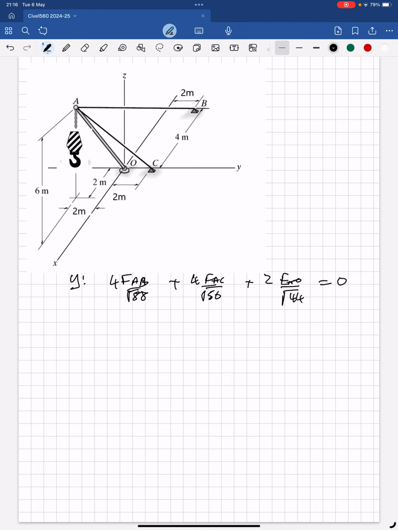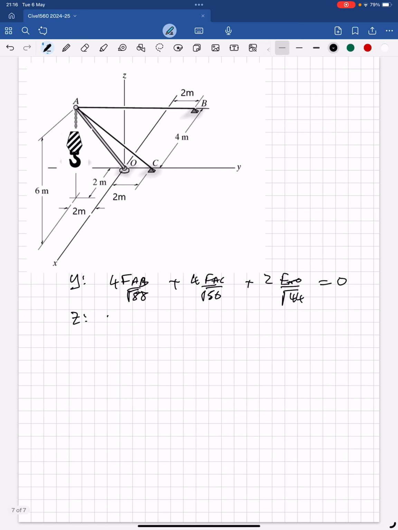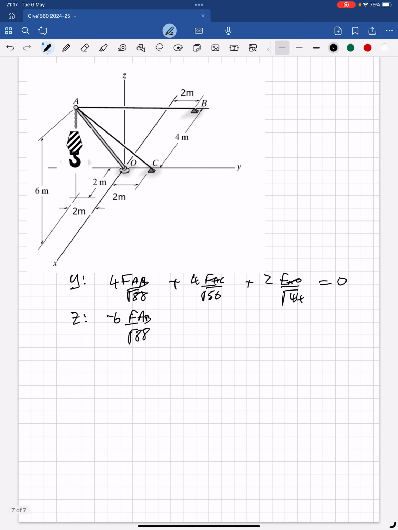So there's nothing in the y direction. And then we have z, and this time we're going to look in this z column: minus 6 FAB over root 88, minus 6 FAC over root 56 plus, well, it's minus 6 again, FAO over root 44 is equal to 0.